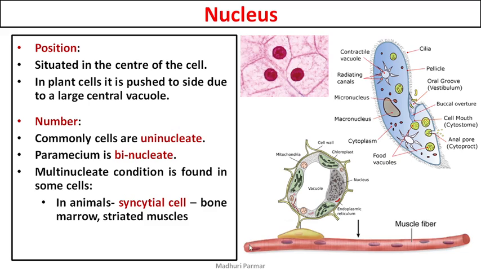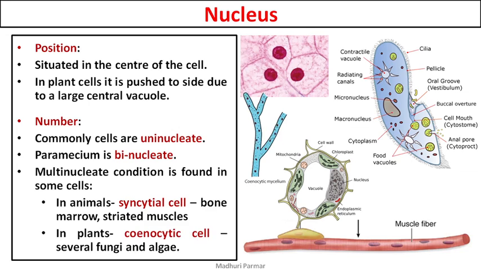This is one muscle cell, which is called a muscle fiber. This one muscle cell or muscle fiber has a lot of nuclei. So there are multiple nuclei present in this animal cell, and this is called a syncytial cell.